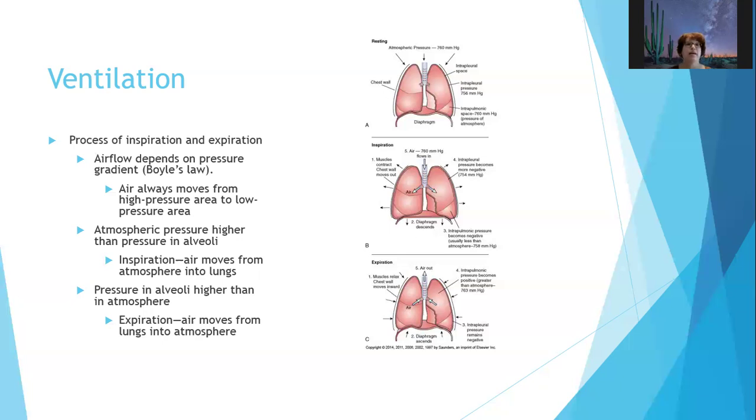When the diaphragm relaxes, it goes up, and it decreases the size of the thoracic cavity, creating an area of higher pressure, and the air moves out. That's how it's supposed to work. So the air moves out of the lungs into the atmosphere. And the pressure in the alveoli is really important because we've got to keep those babies open all the time. We'll talk more about that.